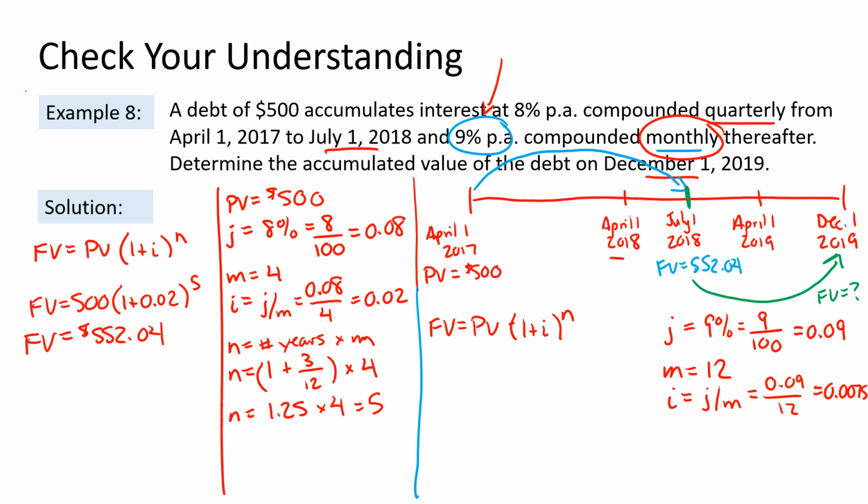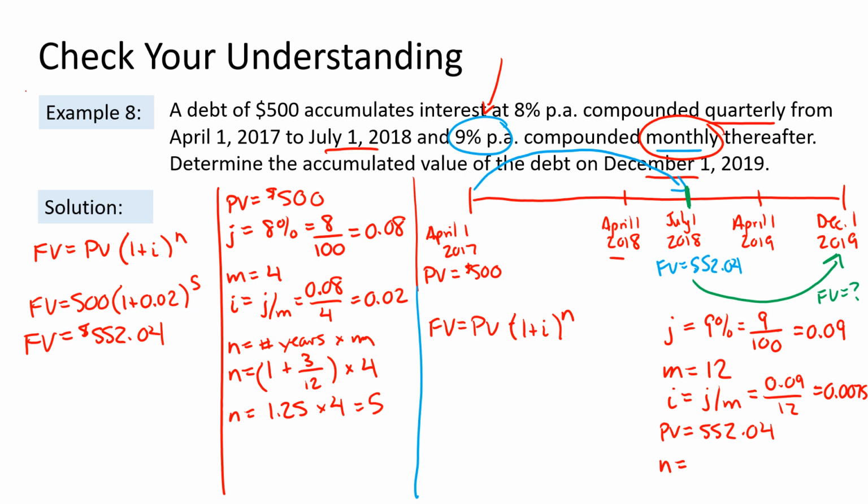Our last items we need, we actually have two of them. I didn't write it, but our present value in this case is the number we have as of July 1st, 2018, $552.04. Our last piece we need here is our value of n. We're going from July 1st, 2018 to July 1st, 2019. That's 1 year.